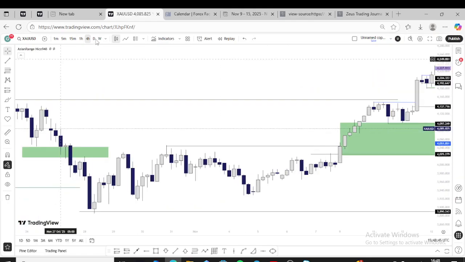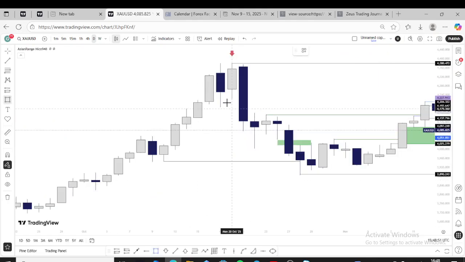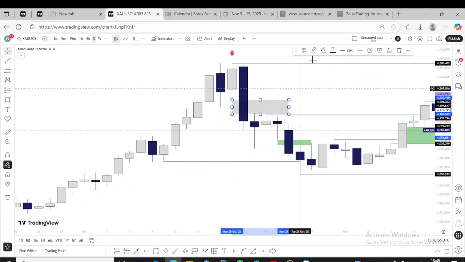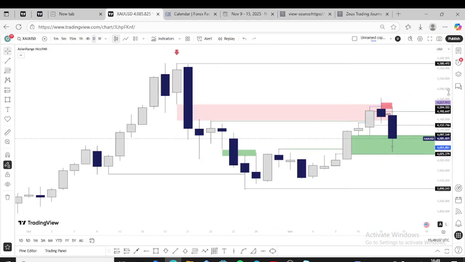When we talked about the daily fair value gap right here, I said I was a little bit skeptical, so I just wanted to gather the data and see what I'm going to get. I think that was a previous video. The market was reacting from a daily fair value gap, and then we have another bullish fair value gap.